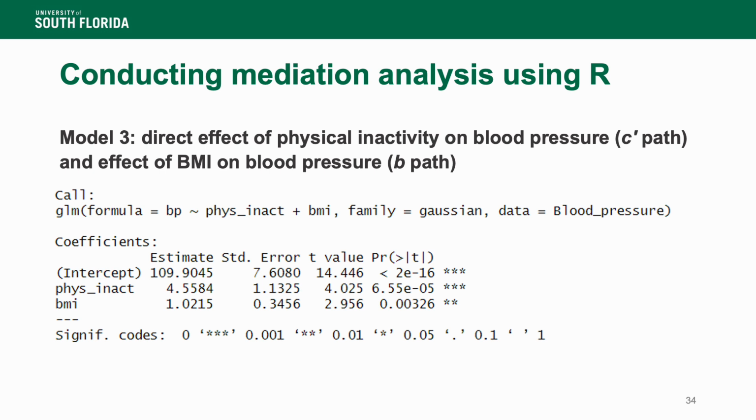Then the regression coefficient for BMI of 1.02 indicates that for every 1 unit increase in BMI, the blood pressure value on average increases with 1.02 when holding physical activity constant. We can see here in the last column that physical inactivity and BMI are both statistically significantly associated with blood pressure.